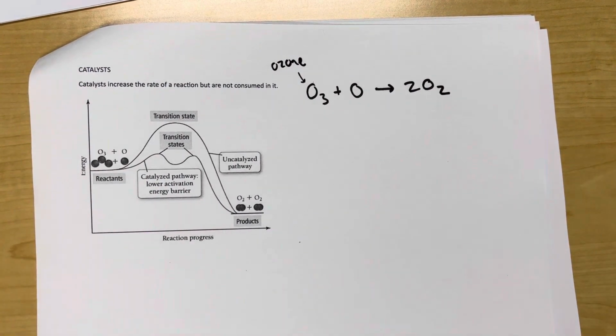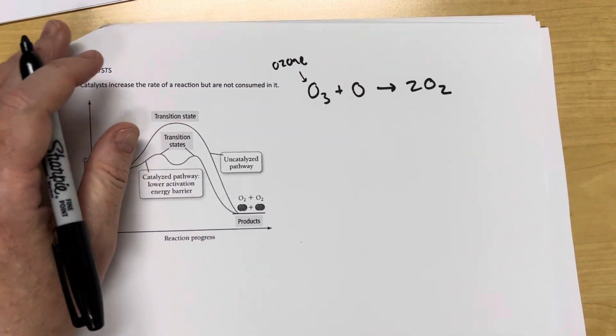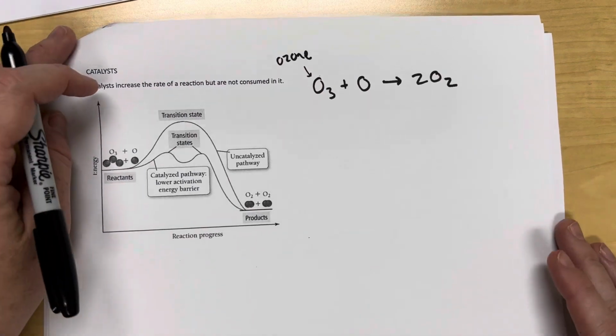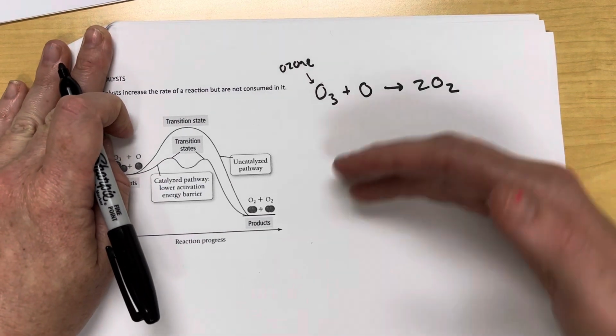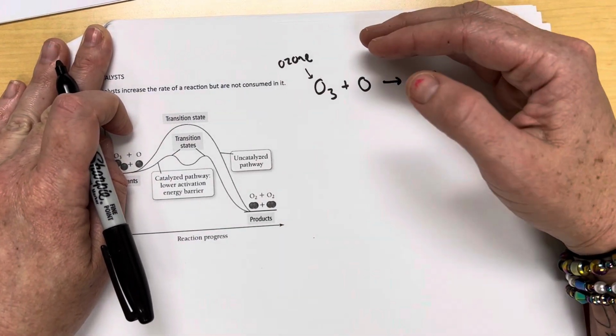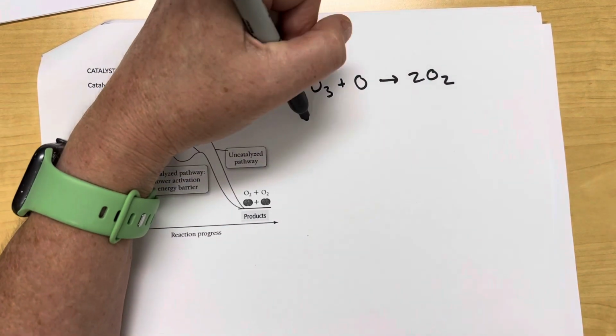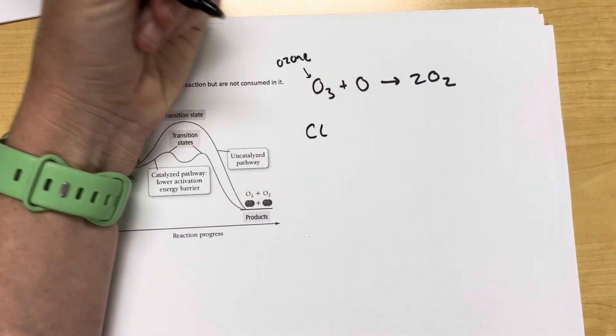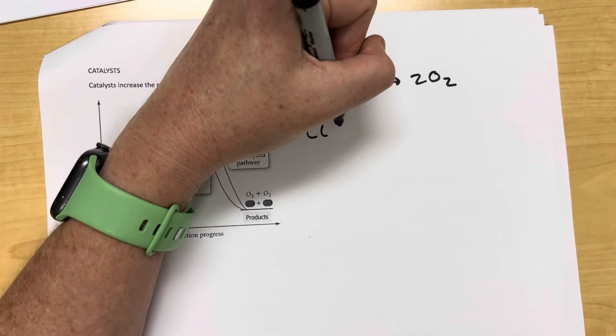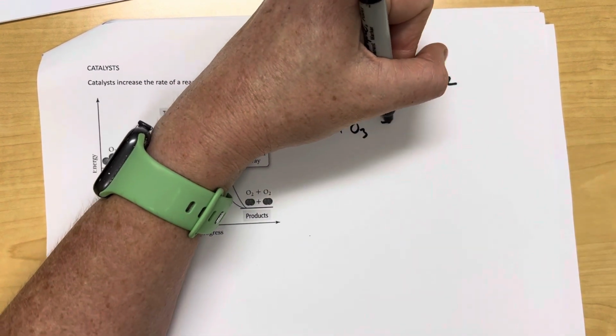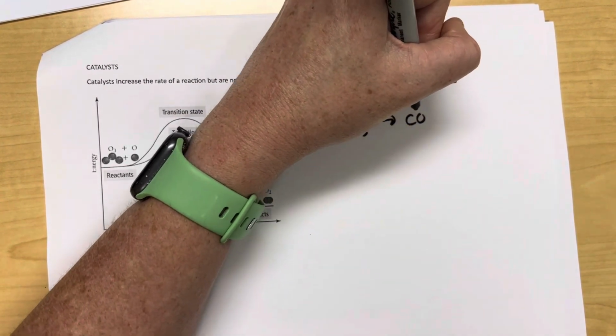But if you go ahead and add some chlorofluorocarbons to it, aka stuff that we make on Earth, like aerosols, etc., and they make their way up into the ozone layer, we'll just look at it as chlorine. They'll go through two steps.